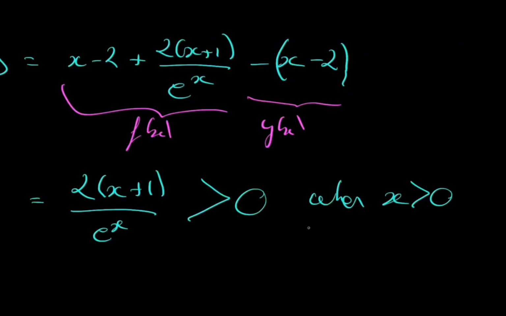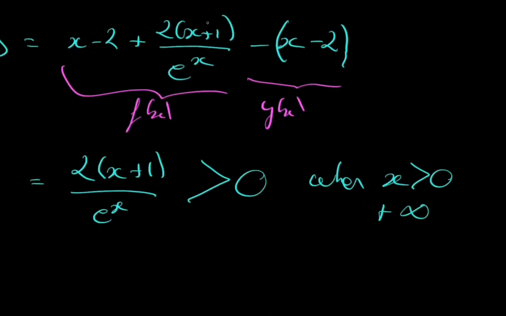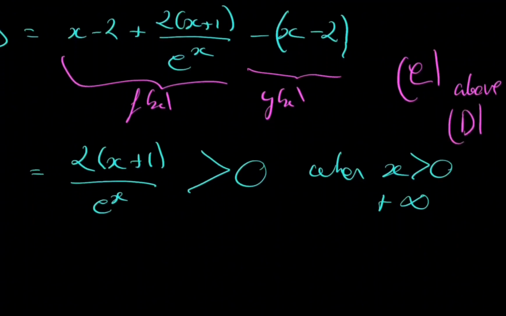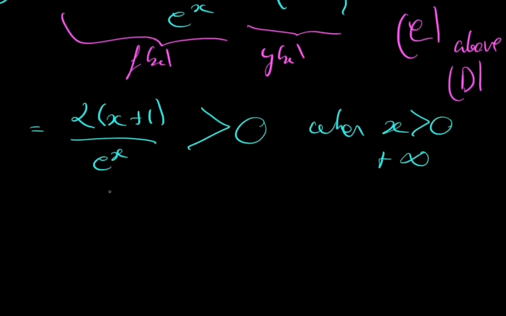So that is the case we're in, because we want to go to plus infinity. So we've got C that is above D, C being the curve of the function, D the curve of the line, and then as we proved before, this will tend to 0 when x tends to plus infinity.